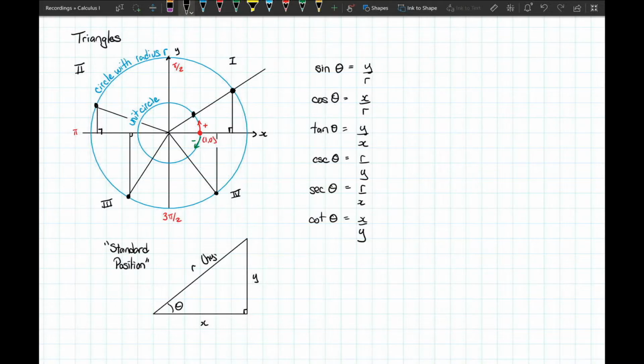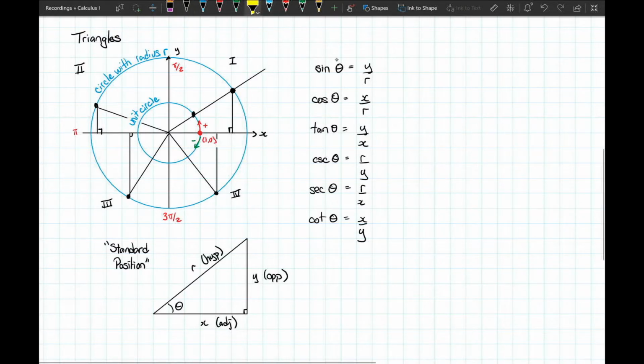We'll label this HYP for short. And the horizontal side here is closest to the angle, and so we call that the adjacent side. And the vertical part, y, that vertical side is opposite the angle. So we'll label that OPP for opposite.